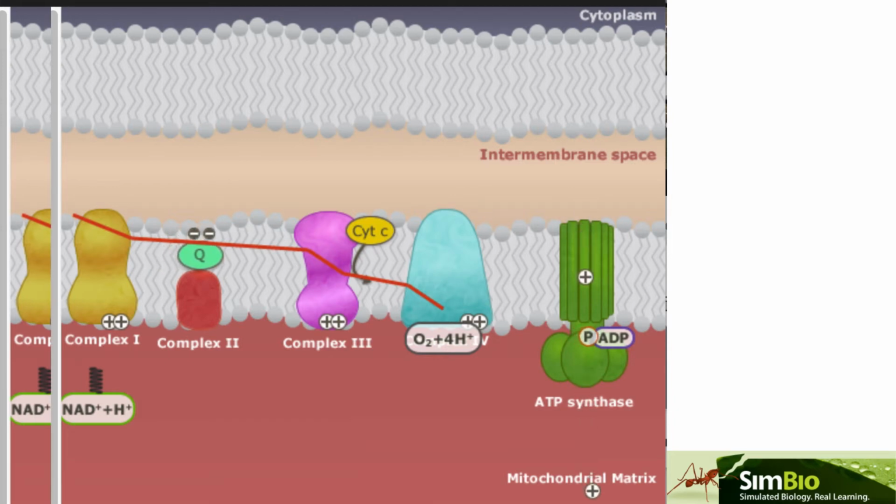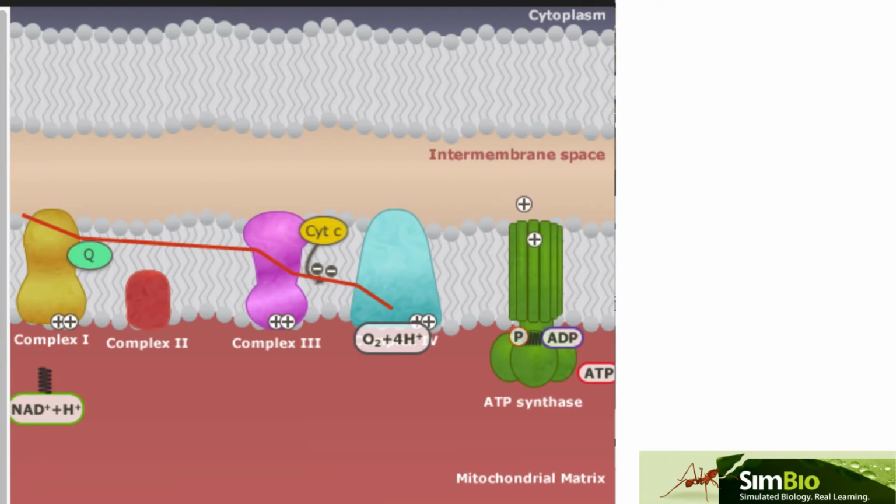In complex 3, again, those electrons will be used to supply energy to move protons or hydrogens across the membrane. When this happens, those electrons will continue to be transferred down their energy gradient by cytochrome C, and they'll reach complex 4. At complex 4, again, their energy will be used to transport hydrogens across the membrane.